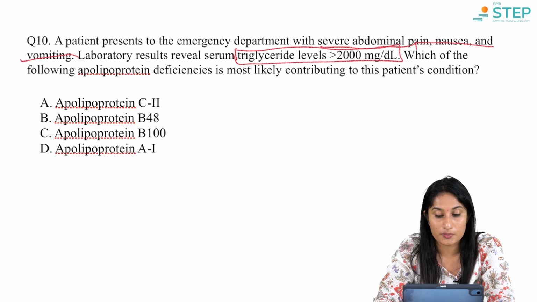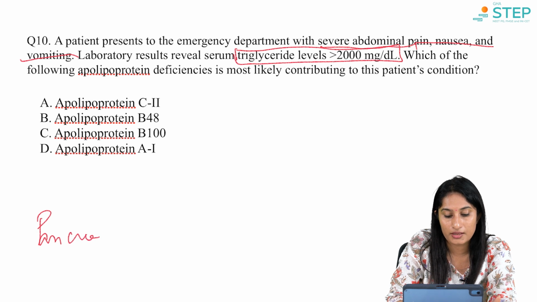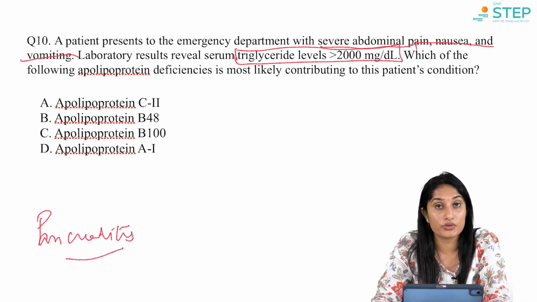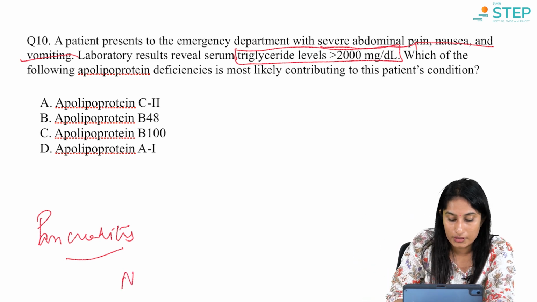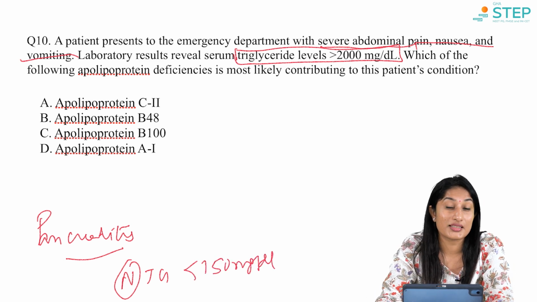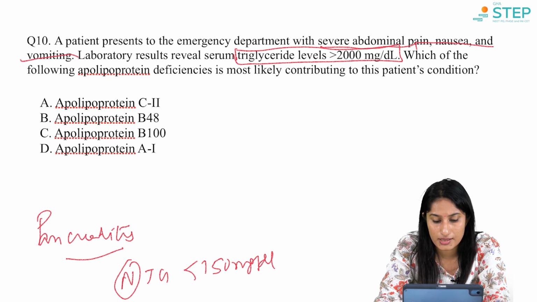So what is this patient having? Severe abdominal pain, nausea, vomiting. Many causes are there, and one thing we can think of, let's keep it in mind, is that maybe this person has pancreatitis. Now the serum triglyceride level has crossed 2000. Normal TG level is less than 150 milligram per deciliter, so it is more than a 10 times increase of the TG level, a massive TG increase.